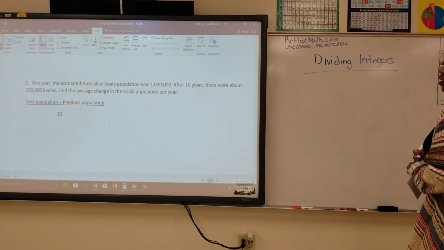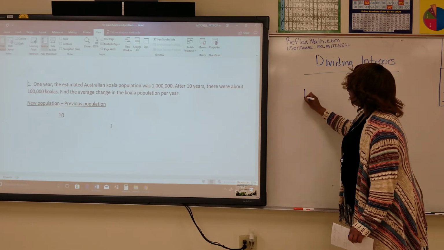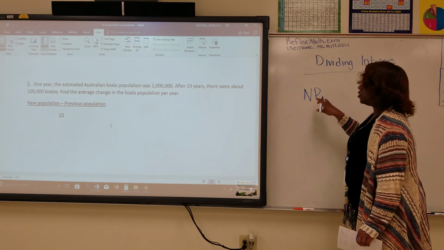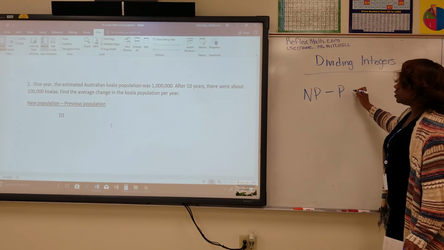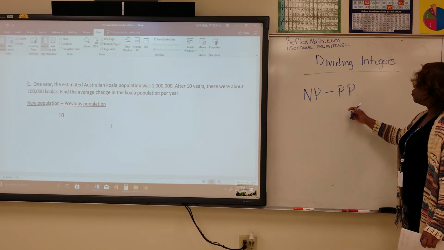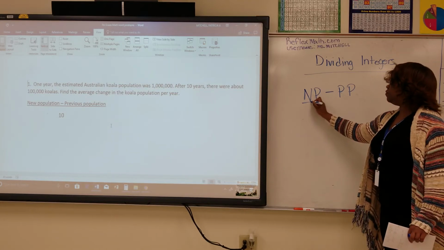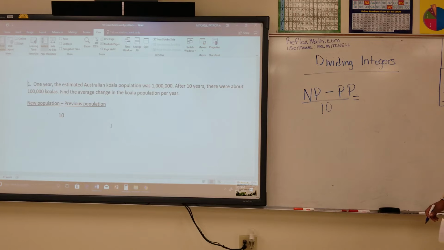Okay, so the formula that we'll be using is the new population, and we'll represent that as NP, minus the previous population, and we'll represent that with PP for previous population, divided by 10. So now let's plug in the numbers.